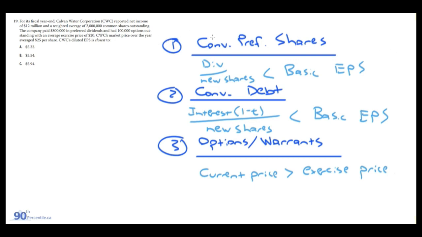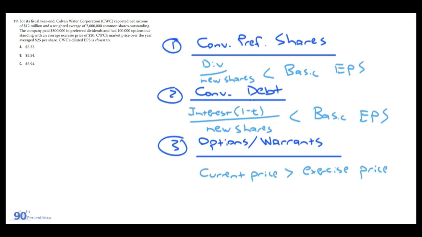The first type of convertible securities are convertible preferred shares, which are a different type of equity, but they can be converted into common equity. And these are dilutive if the dividend paid on these shares divided by the new shares that are issued in the event of conversion is less than the basic earnings per share without dilution.